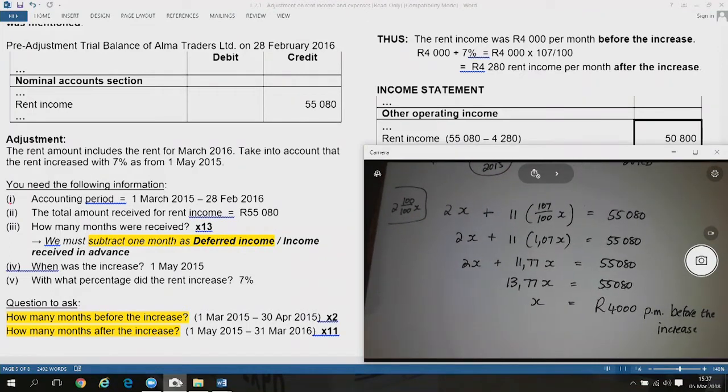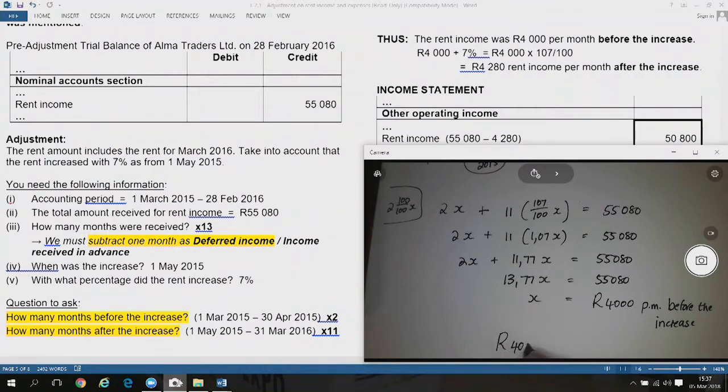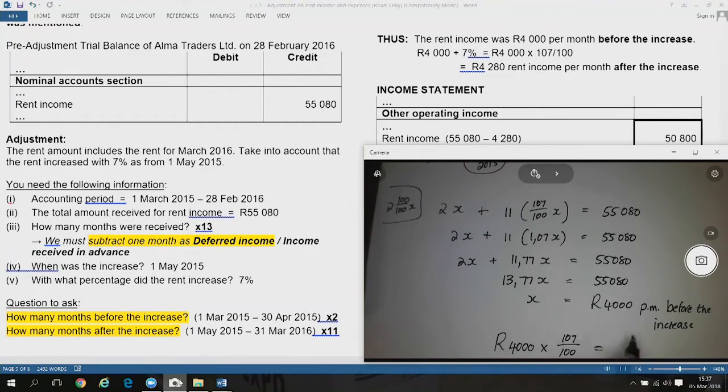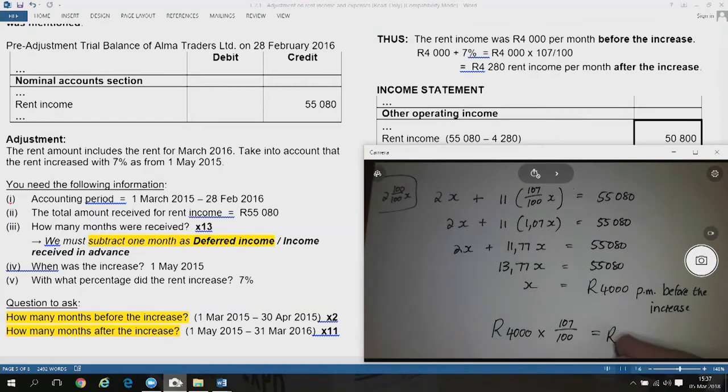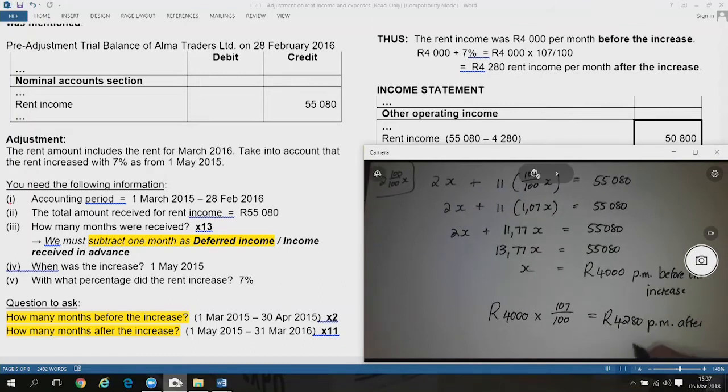Okay, now you just say, okay, 4,000 Rand must become more with 107%. So that gives you 4,000 times 107 divided by 100, and that gives you 4280 per month after the increase.